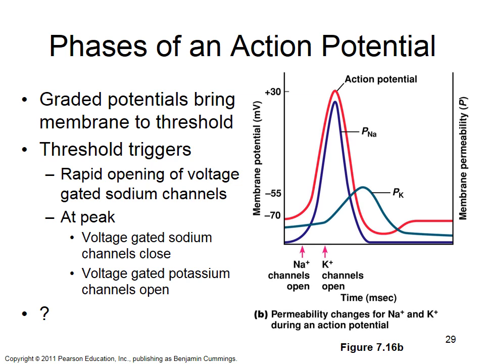At peak, those voltage-gated potassium channels open. So the permeability of the cell to potassium increases as the permeability to sodium plummets. Potassium is rushing out, and notice that permeability to potassium stays high past rest, so even more potassium can leave the cell, and that's what causes the hyperpolarization.